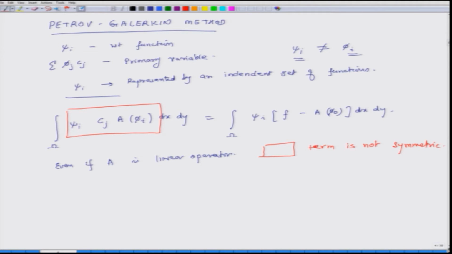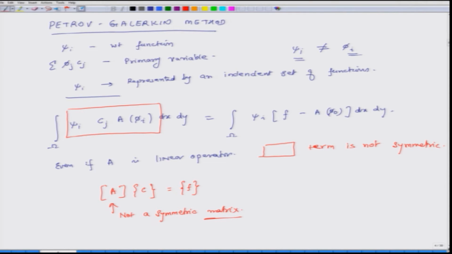Okay. So when I construct my matrix, I will get some A matrix times some unknown constants C equal to some forcing vector F. This will not be a symmetric matrix. So, in the Petrov-Galerkin method, the A matrix need not necessarily be symmetric.